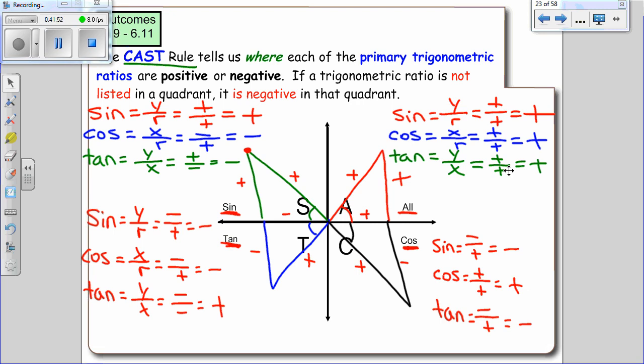A is for all quadrants are positive, or all ratios are positive. S means that sine ratio is positive. And T means the tangent ratio is positive. We're going to see examples of how to use this, but that's how the cast rule works, based off those positives and negatives that we just did.